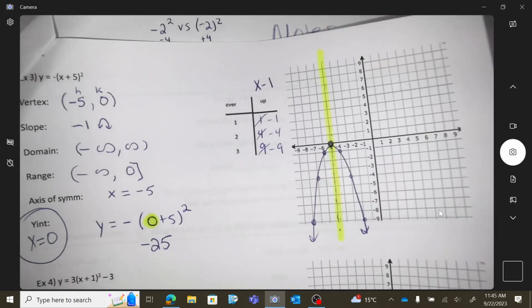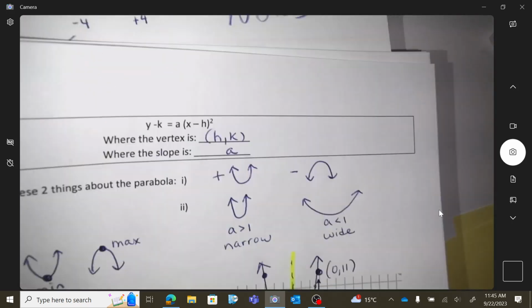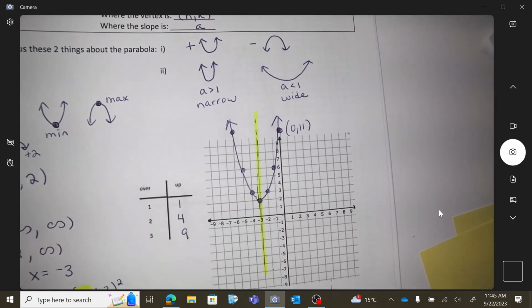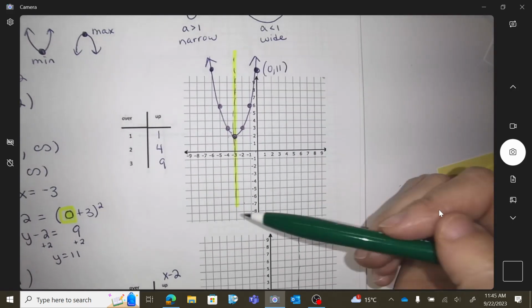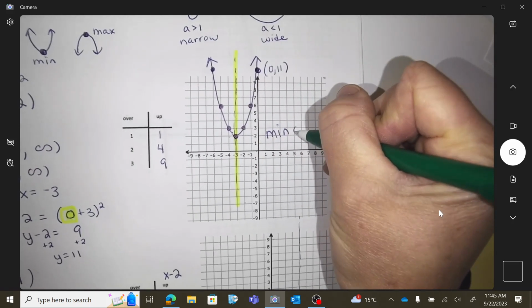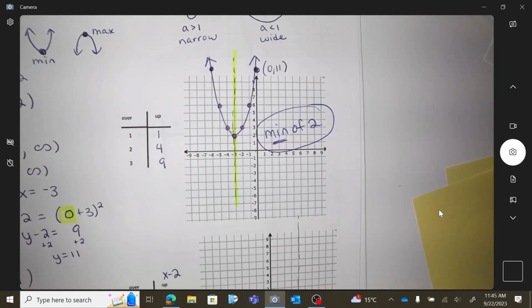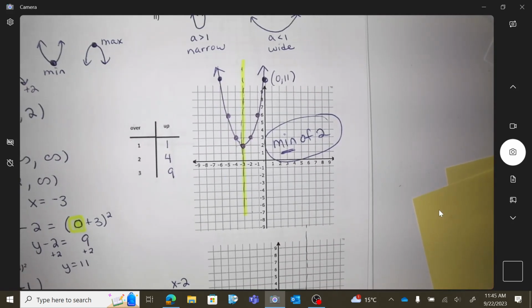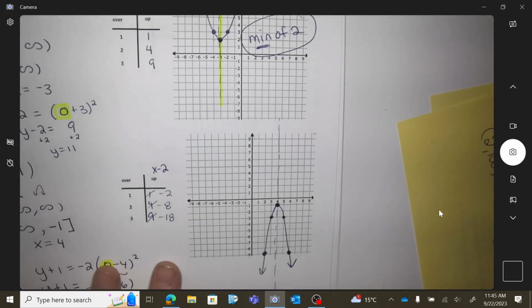Okay, sorry, can you just flip back for a second? I think that on your homework it would say another question. So this one would have a minimum of 2. Would that make sense there visually? It has a minimum of 2 versus, what would you say about this one?